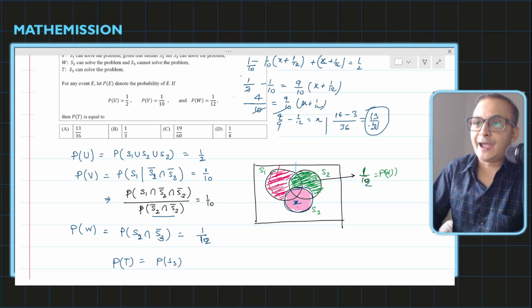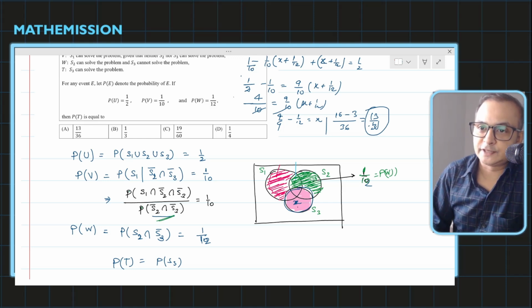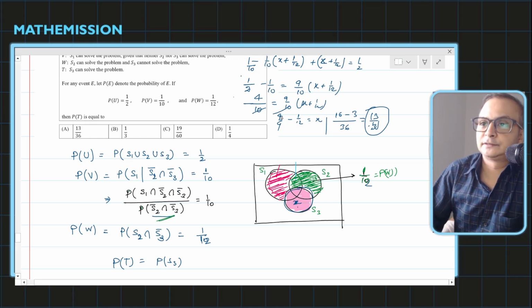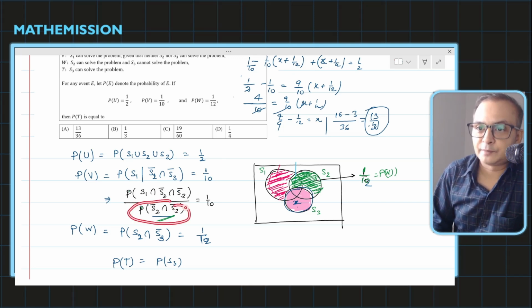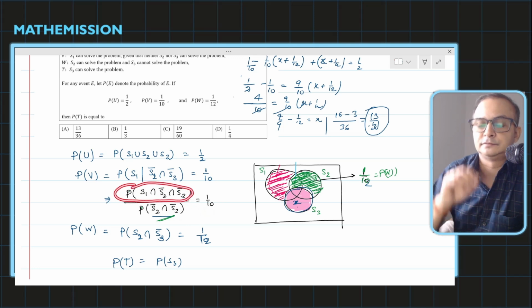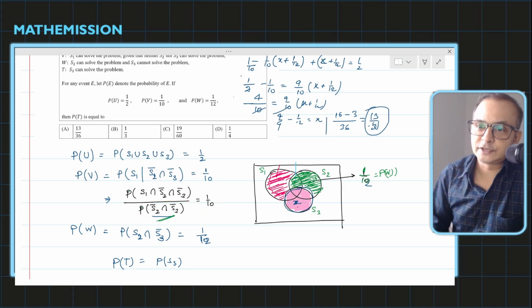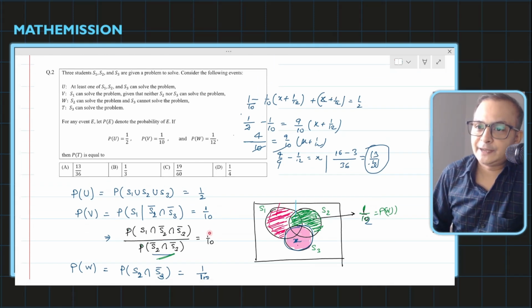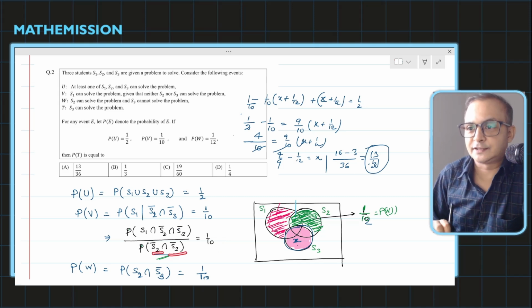If I find this whole thing and then multiply by 1 by 10, I will get this whole thing. Correct? So what I'm going to do is multiply 1 by 10 with S2 dash intersection S3 dash.